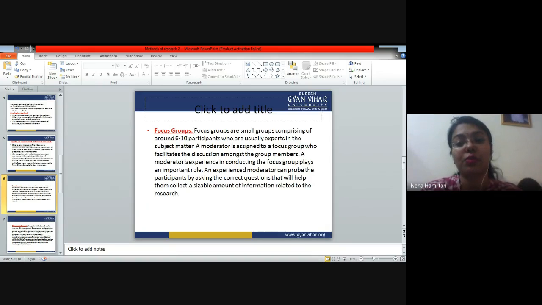So focus groups play a very important part when it comes to research, when it comes to answering the questions, because they are all experts and they know how to answer the question. They know how to go through a particular problem, right? So we ask them, they themselves discuss, and we find out the conclusion.